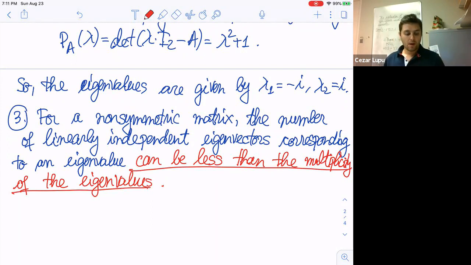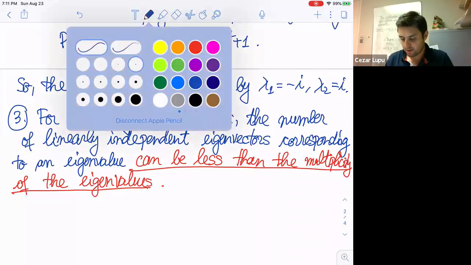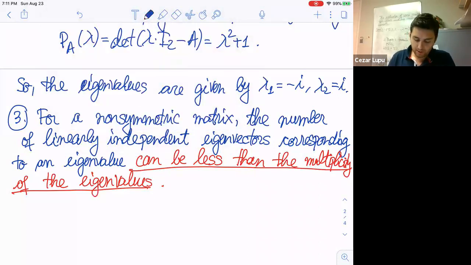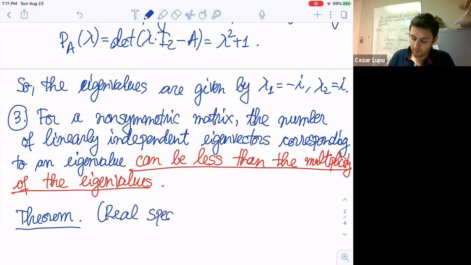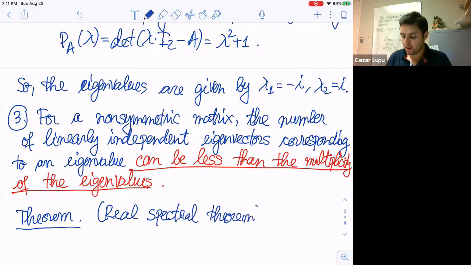Now the following theorem will be one of the most important theorems in today's lecture, and we will call it the real spectral theorem. It gives us information about the eigenvalues of a symmetric matrix, and we want to see what happens to those eigenvalues.